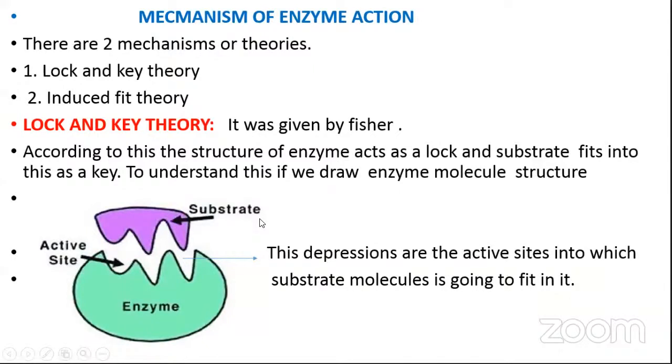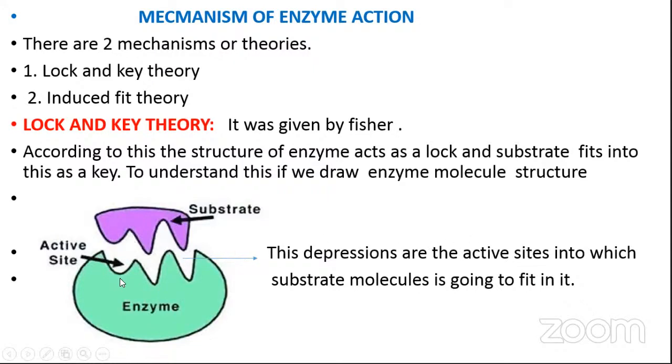In the mechanism of enzyme action, there are again two theories. One is the lock and key theory, which was proposed by Fischer, and the second is the induced fit theory, which was proposed by Koshland. According to the lock and key theory, the related enzyme and related substrate molecules come in contact with one another to proceed with the reactions.